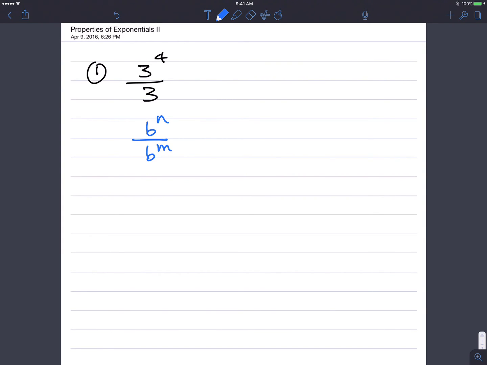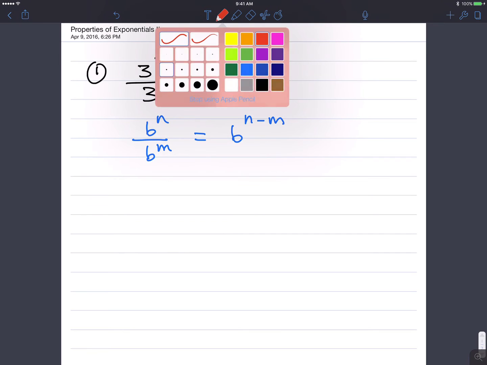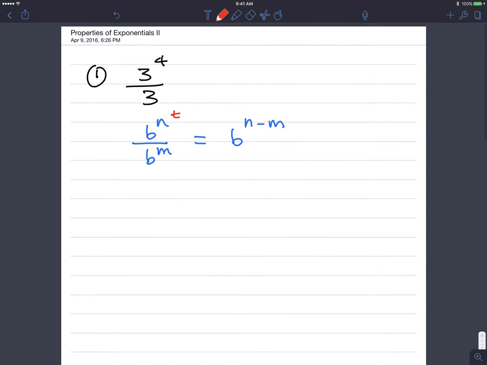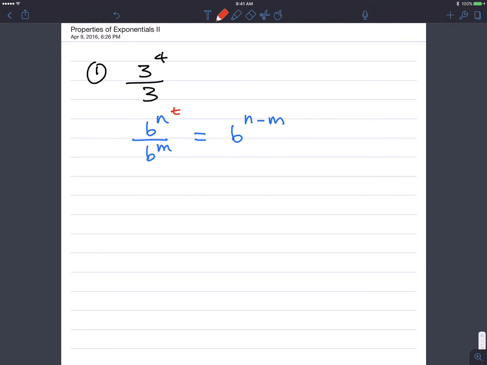This is division with two exponentials, the same base called b in each case, and that's equal to b to the n minus m. In other words, we take the top power and we subtract the bottom power.